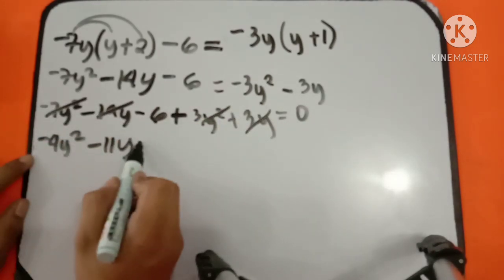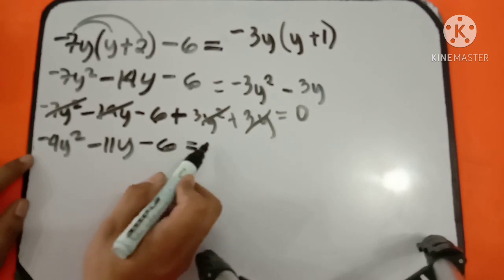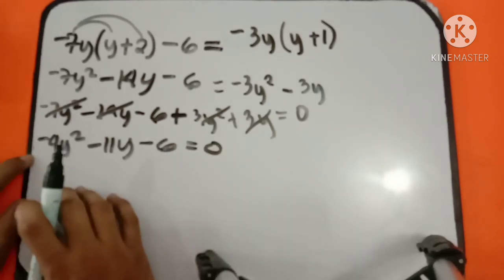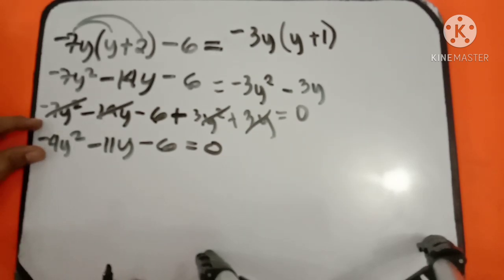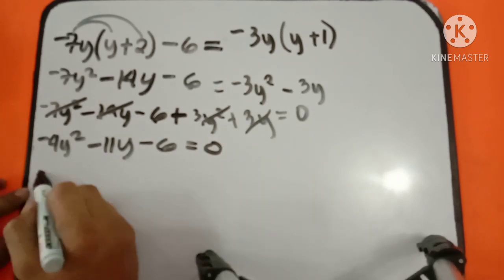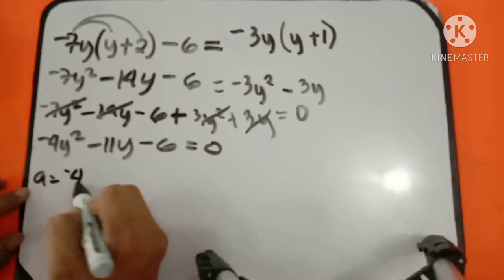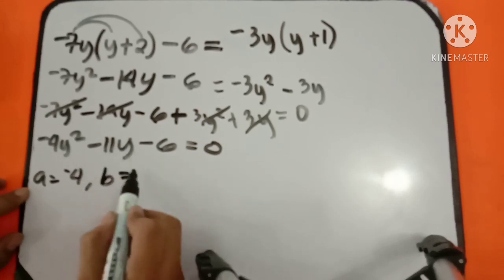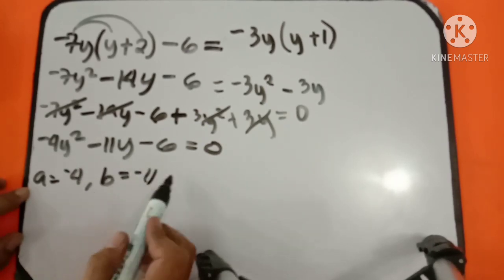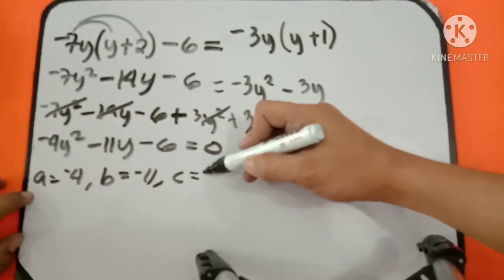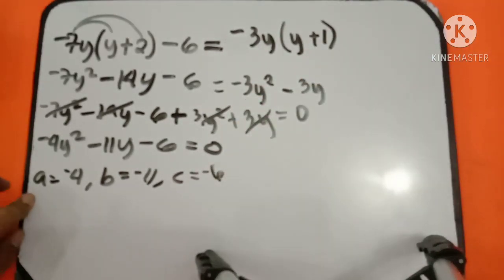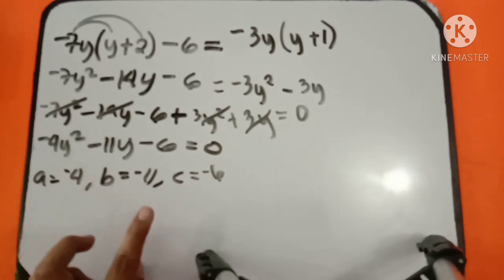So the remaining is negative 6 equals to 0. So we have the final equation, and automatically it is written into its standard form. So we simply determine the value of a, b, and c. So our a is negative 4, our b is negative 11, and our c is negative 6. So we have now the values for a, b, and c.